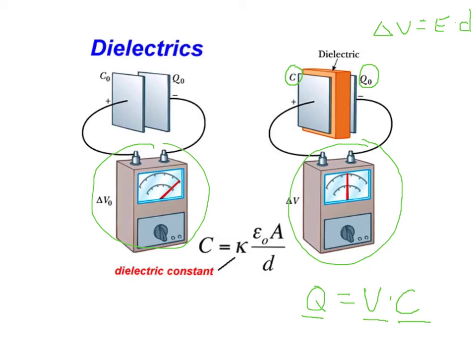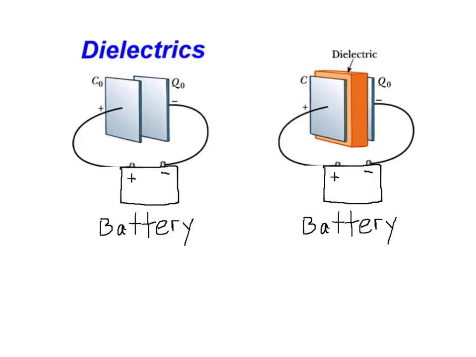Now let's look at the other way that we can introduce a dielectric into a capacitor. I've taken the previous figure and altered it a little bit, and we still see the same thing on the left side. We've got an air-filled capacitor which has a capacitance of C naught, a charge on it of Q naught, and I'm going to mark here the potential difference of V naught that actually got the charge on there.